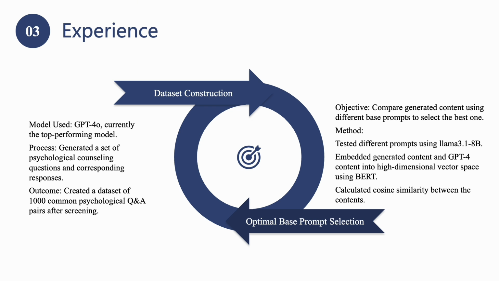In the dataset part, we used GPT-4 to generate a set of psychological counseling questions and corresponding answers, and after screening, created a dataset of 1,000 common psychological question and answer pairs. Then in the prompt part, we use Llama 3.1 8 billion to generate contexts for different prompt sentences to select the best prompt.